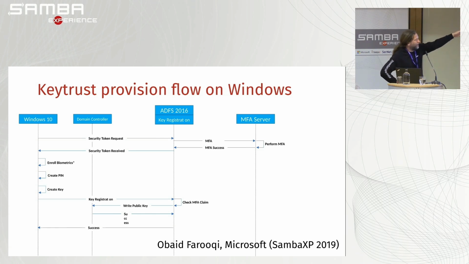And then it talks back to ADFS, and it sends, I guess, an authentication. Then you create your key, and it goes across to ADFS, and eventually it writes the public key into the domain controller, and then it does some other stuff, just saying it worked.